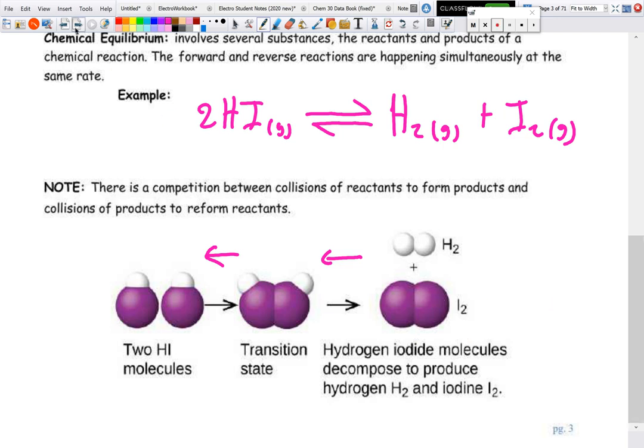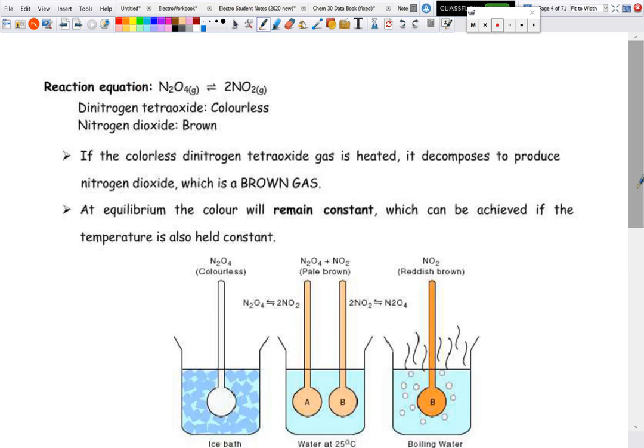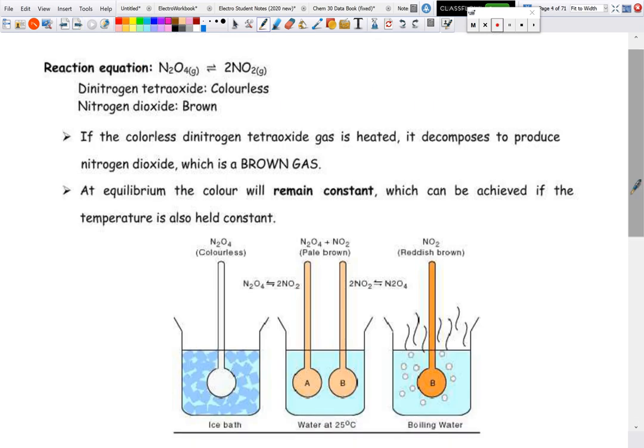Now we can see this as well in another example. Obviously we don't have the ability to see this in person here, but we can use pages like this to see. So this is another example, dinitrogen tetroxide decomposing into nitrogen dioxide.